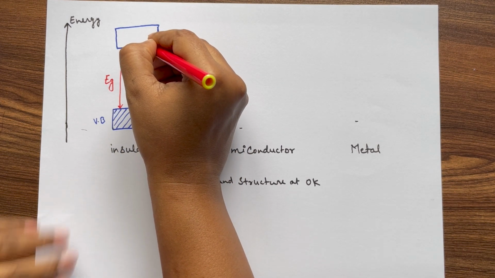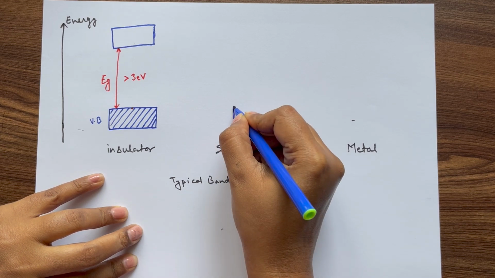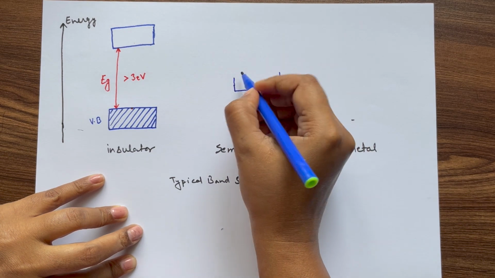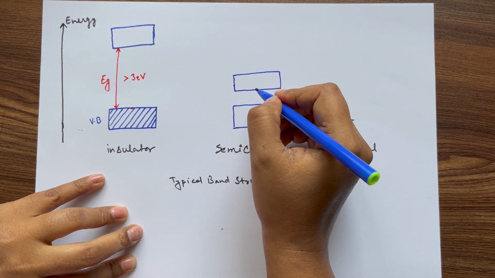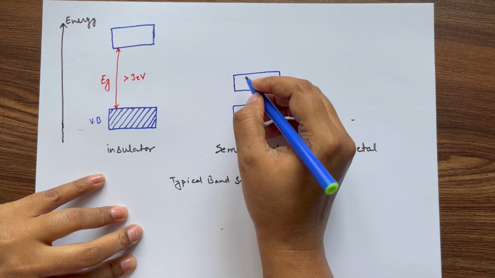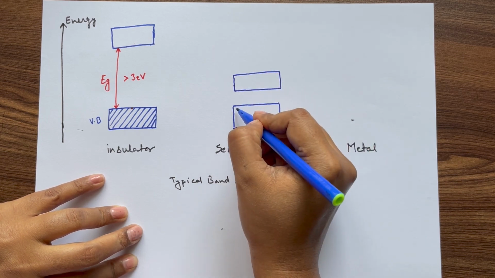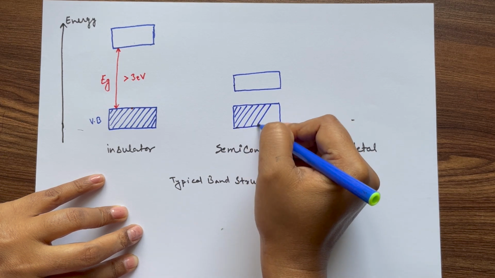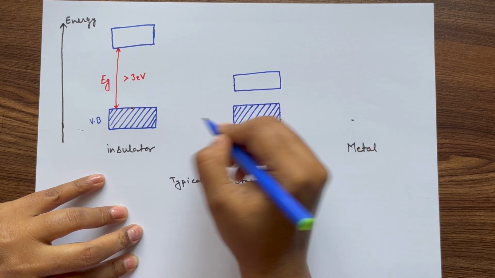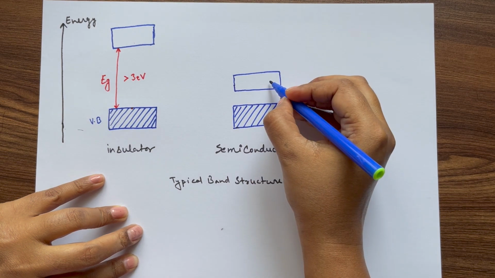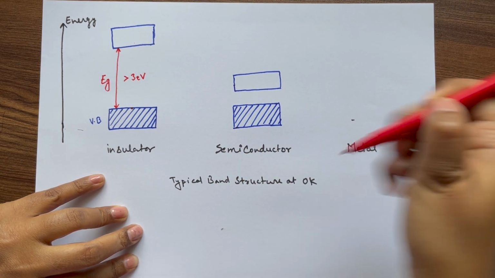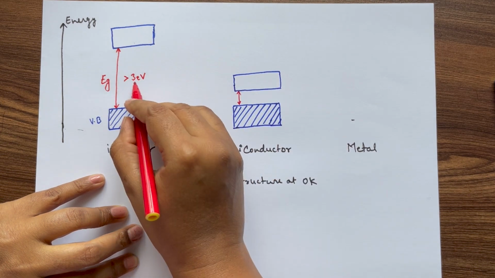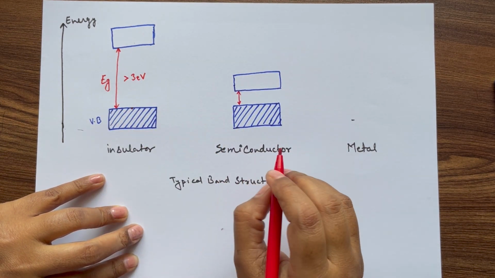The energy bands for semiconductor are same as insulator. Only difference is here the gap between the valence band and conduction band is very low. This valence band is fully filled with electrons, same as the insulator. Conduction band is empty, but this energy gap is much lower than the energy gap of the insulator.